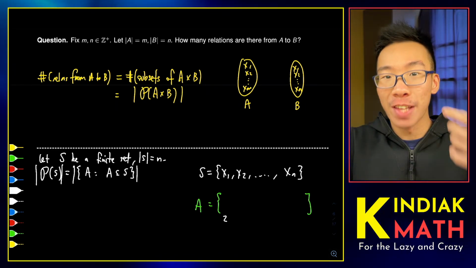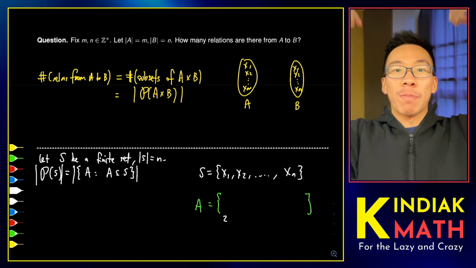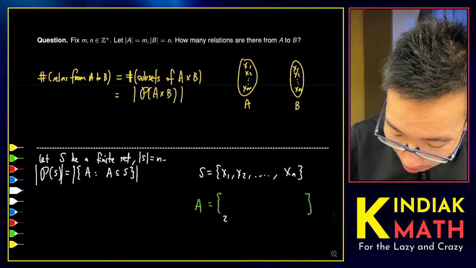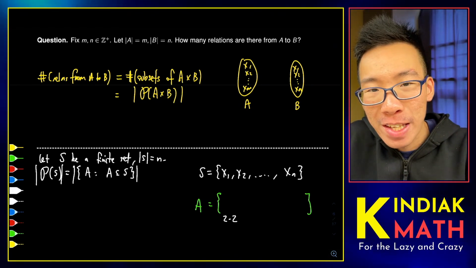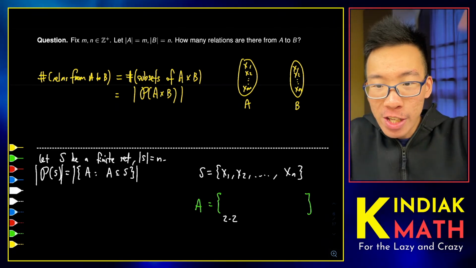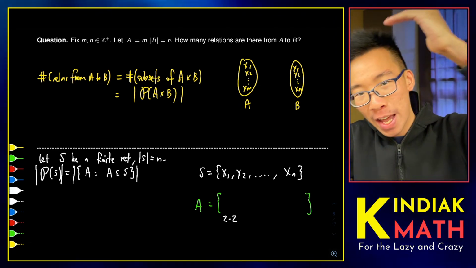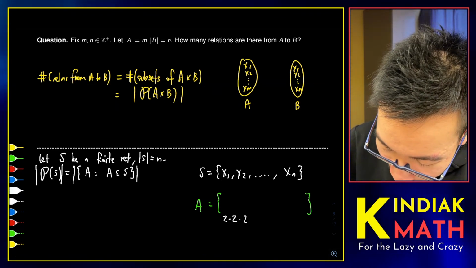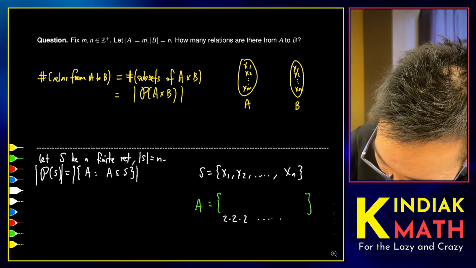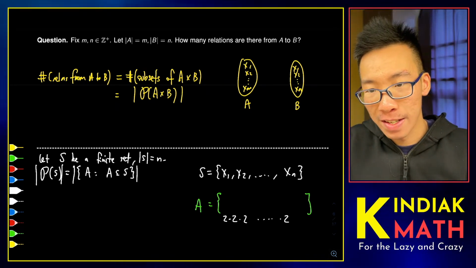So that gives me another two choices on top of my initial two choices. So each of these two choices has two more choices. And now we have four choices. Each of these four choices, we can either include x3 or exclude x3. And this gives us another two choices all the way to the last element.